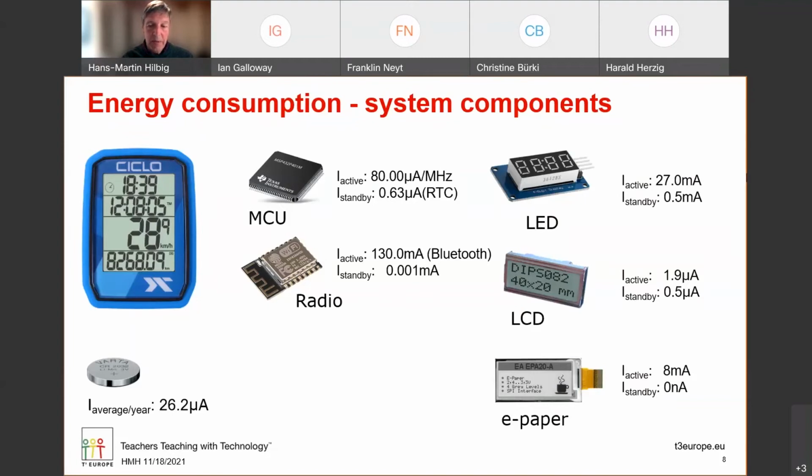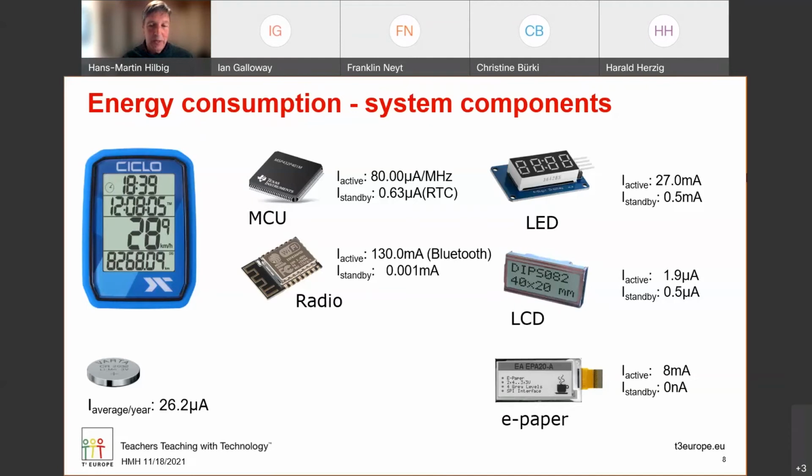But then you may say, well, why don't we use e-paper, because it actually works without any energy? Well, this is true when the e-paper has been written to. You probably know this from your e-book reader. Even if the battery of your e-book reader is totally drained, it still shows you something on the screen, simply because it shows the last thing that has been written to the screen.